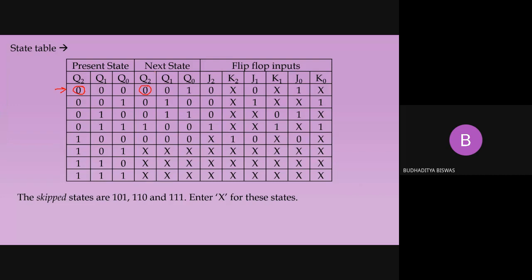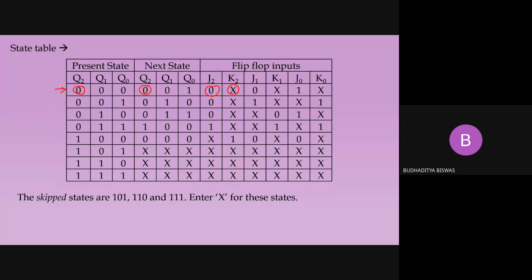In case of a 0 to 0 transition, what will be the JK input? J equal to 0 and K is don't care condition. Very good. That's why J2 equal to 0, K2 equal to don't care condition.